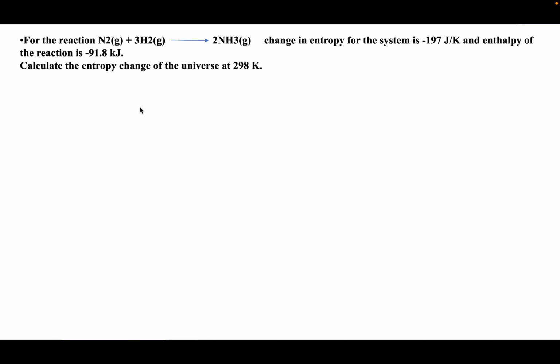So the question says, for the reaction N2 plus 3H2 gives 2NH3, the change in entropy for the system is given and the enthalpy of the reaction is given. Calculate the entropy change of the universe. So we know that delta S of universe is equal to delta S of system plus delta S of surrounding.